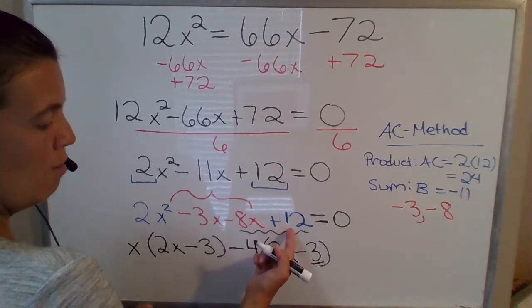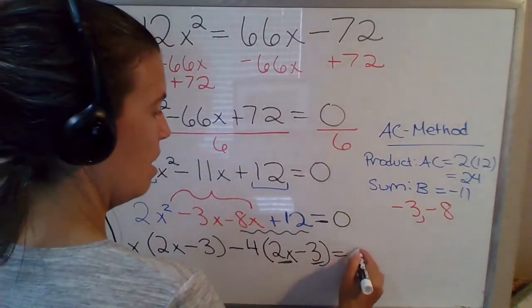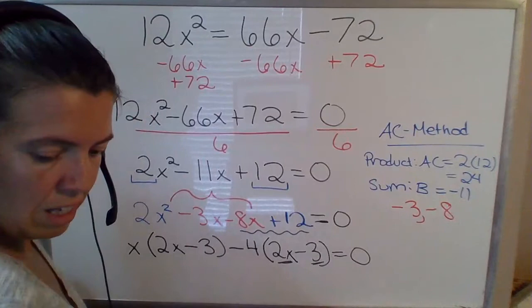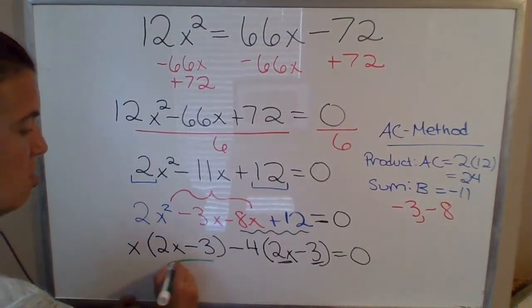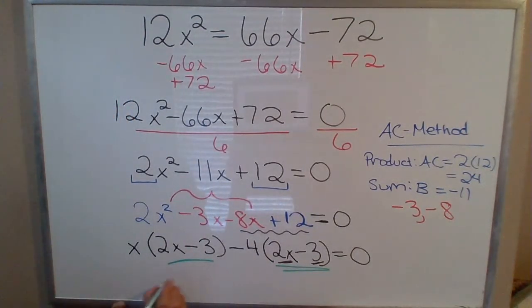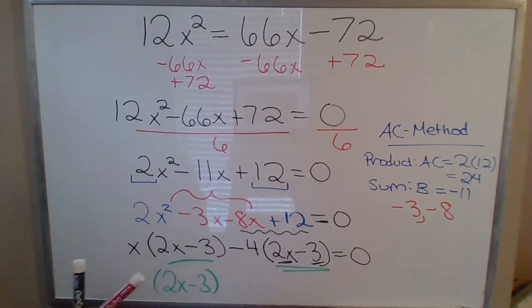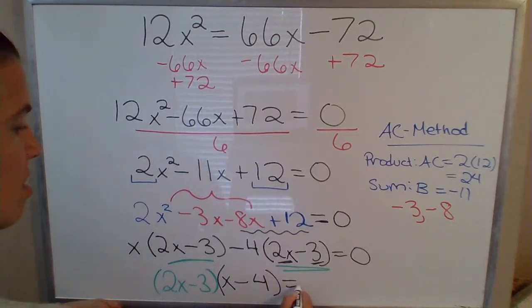And 12, if I divide by negative 4, leaves me with negative 3. Now, what we need to notice now, this is what you're hoping for, is that these two factors match. That tells us that factoring by grouping is going to work. If I pull out this common factor of 2x minus 3, then what's left is x from here minus 4 from the second part of this equals 0.